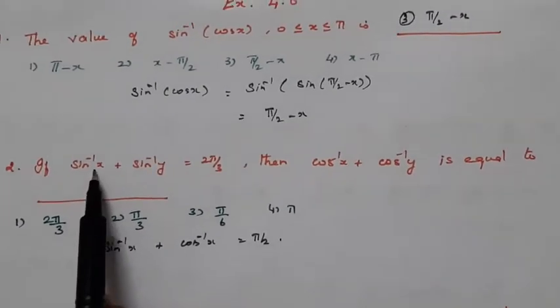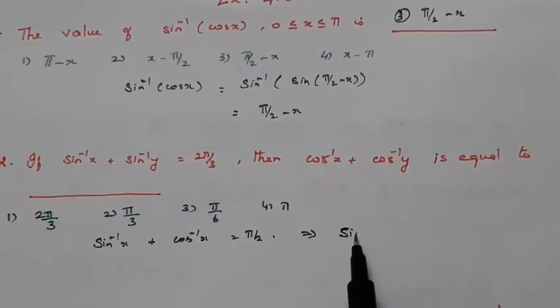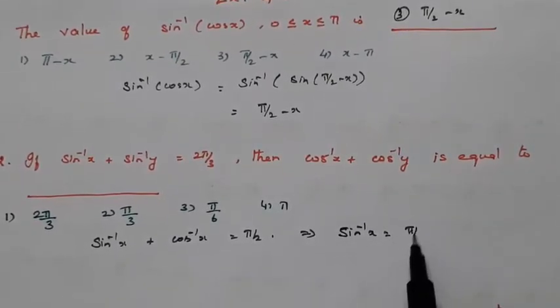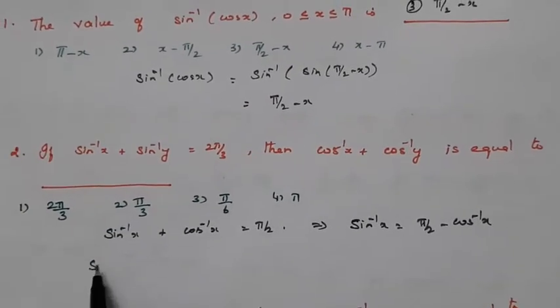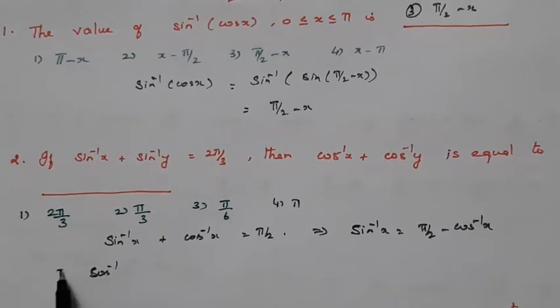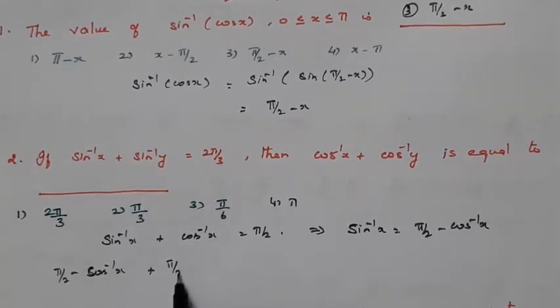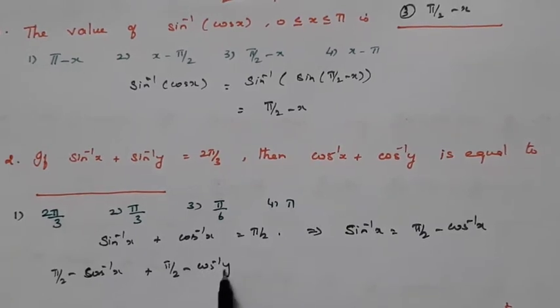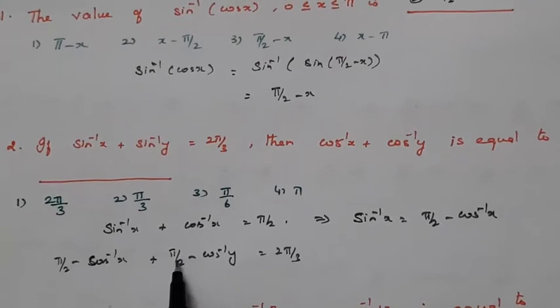So, replace sine inverse of x by pi by 2 minus cos inverse of x. Therefore, what you have is pi by 2 minus cos inverse of x, and the other term becomes pi by 2 minus cos inverse of y, equal to 2 pi by 3. That is pi by 2 and pi by 2 is pi.